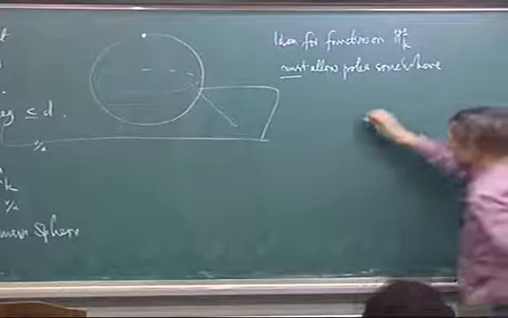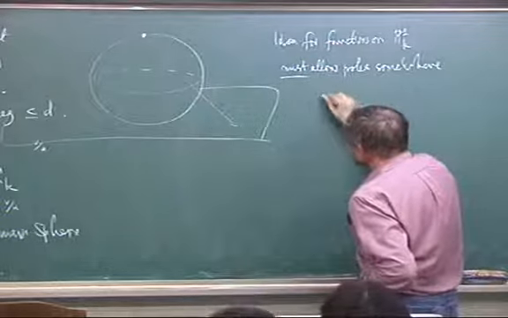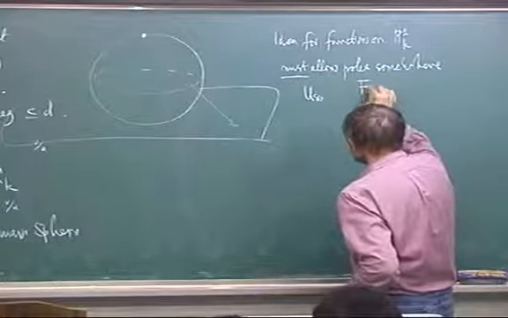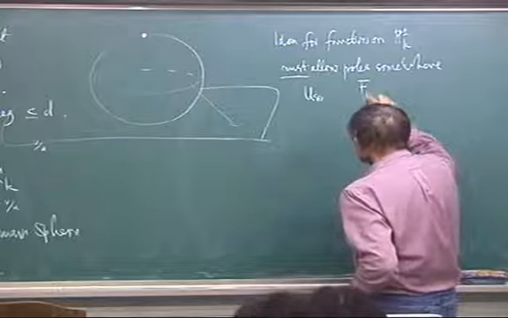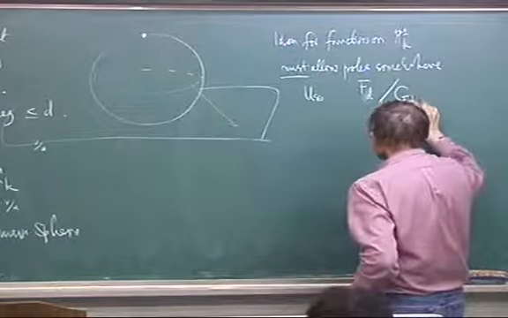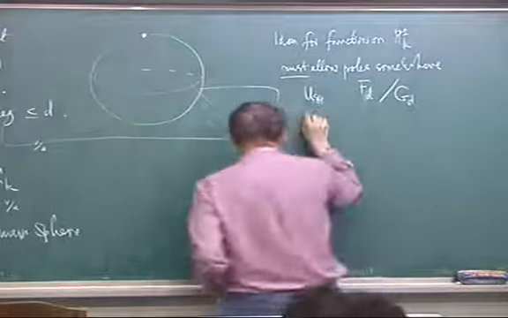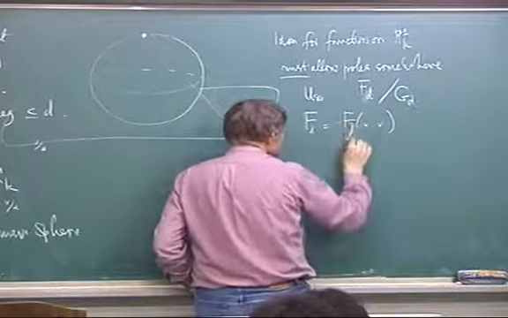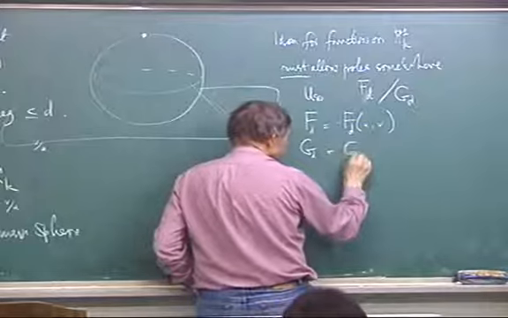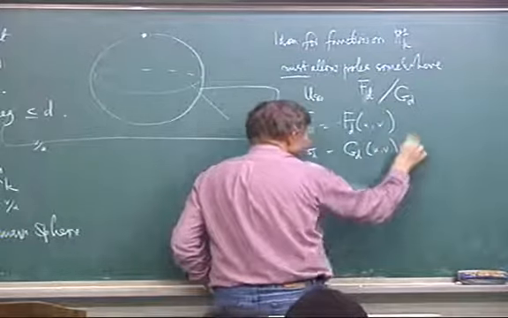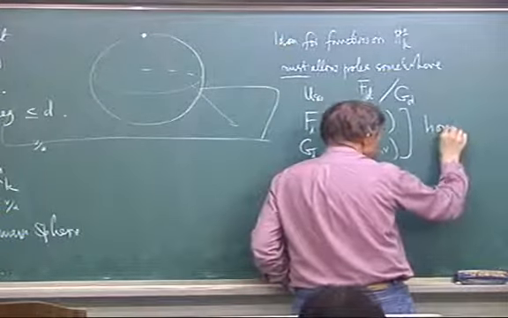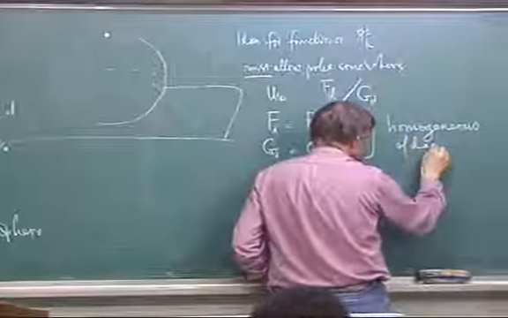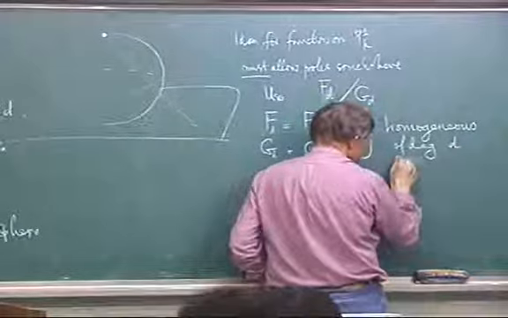And what happens here is really very pretty. What I say is I'm going to use, so let me write fd over gd, where fd of uv, gd of uv, are both homogeneous of degree d, the same degree.